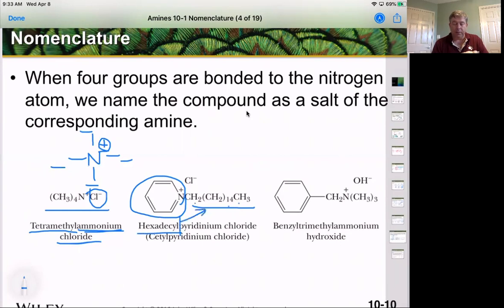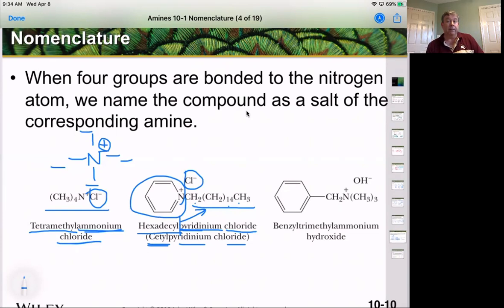And then this group right here is pyridine, so we have to change it to our pyridine salt. That makes pyridinium. And then we have our counterbalancing ion here, which is chloride. So it's hexadecyl pyridinium chloride. Now the common name for the hexadecyl group is called cetyl, and so occasionally you'll see it as cetyl pyridinium chloride.